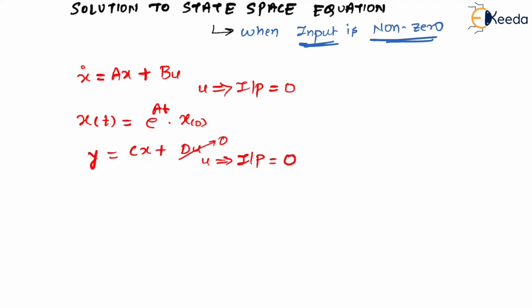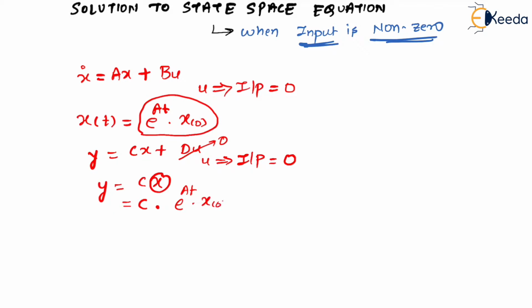The moment this term becomes 0, you have y is equal to C into x. And what is your x? Definitely x is nothing but e to the power At into x of 0. So you have C multiplied by e to the power At into x of 0.